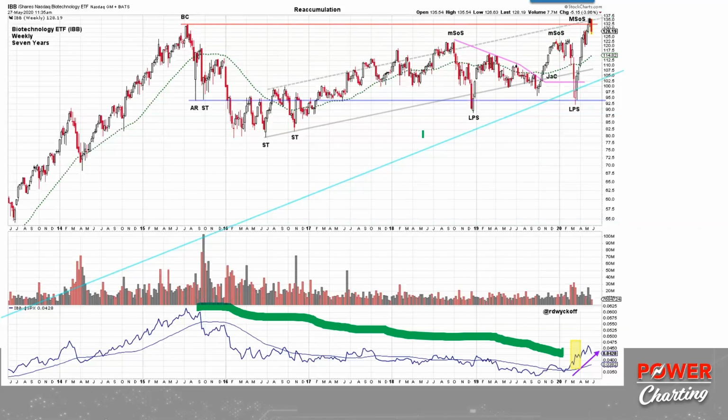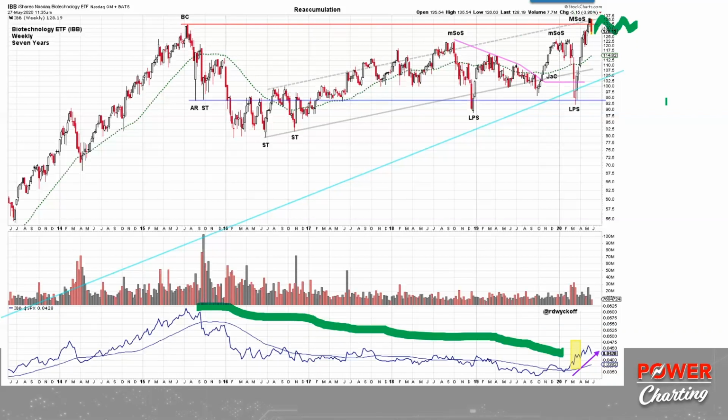Now, because we have this exceptionally good rally, which is the best rally that we have anywhere on this chart in terms of its sheer power, we have an opportunity to watch whether or not this strength can continue up and out, or whether it pauses here in a backup, and we want to see the backup be shallow.